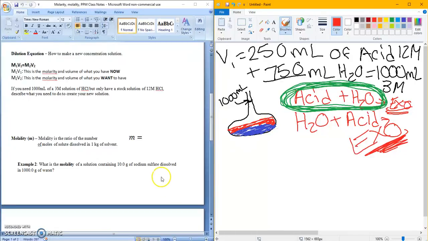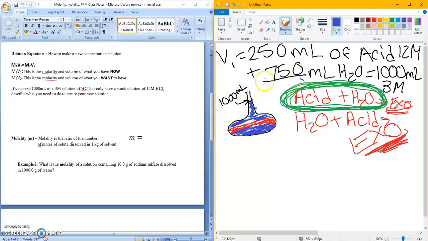Okay. And then I don't even have to use a graduated cylinder for the rest of my water, because all I have to do is fill up the rest of the container with water all the way up to that lovely little line. And that is 1,000 milliliters total, which is what I want my solution to be.